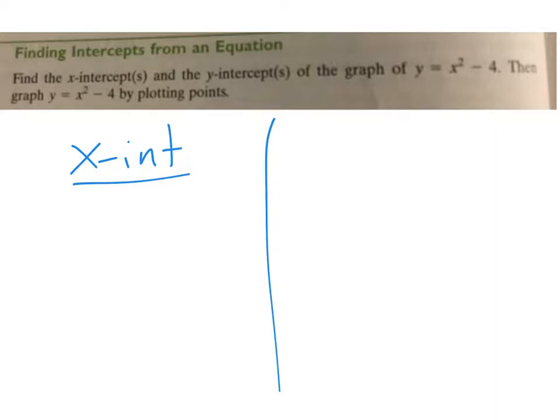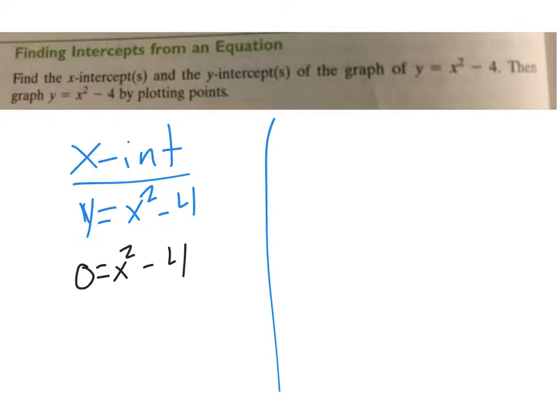The y value is 0. So I'm going to take my equation, which is y equals x squared minus 4, and plug in 0 for y. That says 0 equals x squared minus 4. Now we solve this to find out what x is when y is 0.